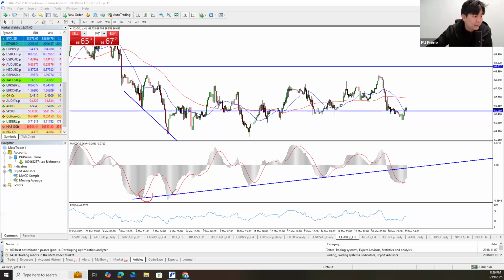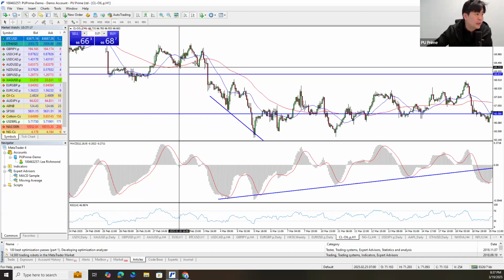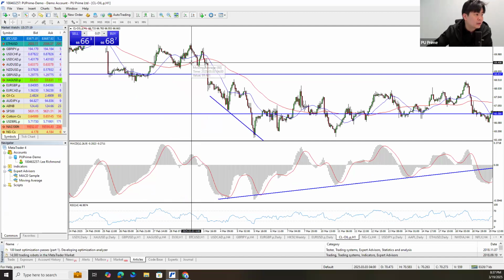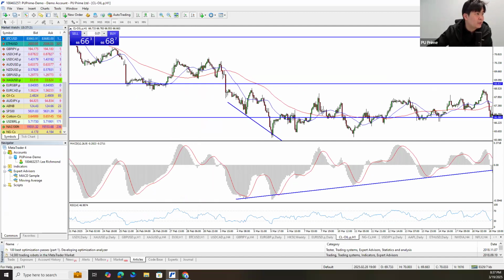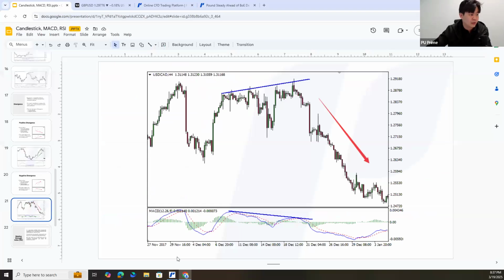So when this divergence forms, once this line turns curve, there will be a potential chance for the oil to rebound back. Of course, it might be frustrating, but the end result is still very, very good. Okay, so this is a potential one. And maybe here is also another example to show you.